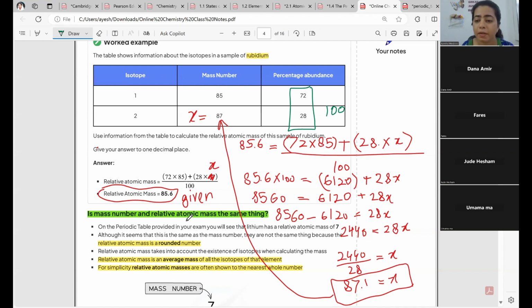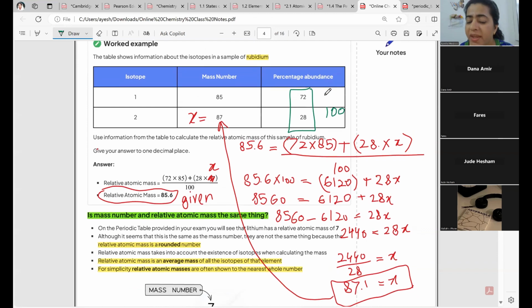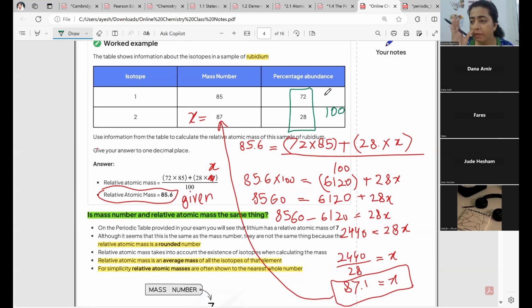Miss, could you re-explain the points you just said about how we can find other isotopes using mass number and abundance? Okay, see, for the percentage abundance, if one is missing, then you can just subtract the other abundance from 100. Let's say this 28 is not given here.